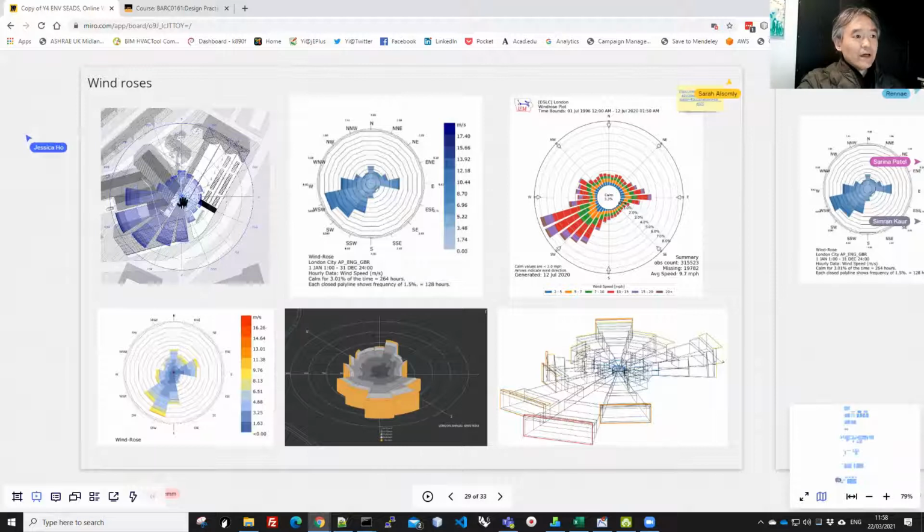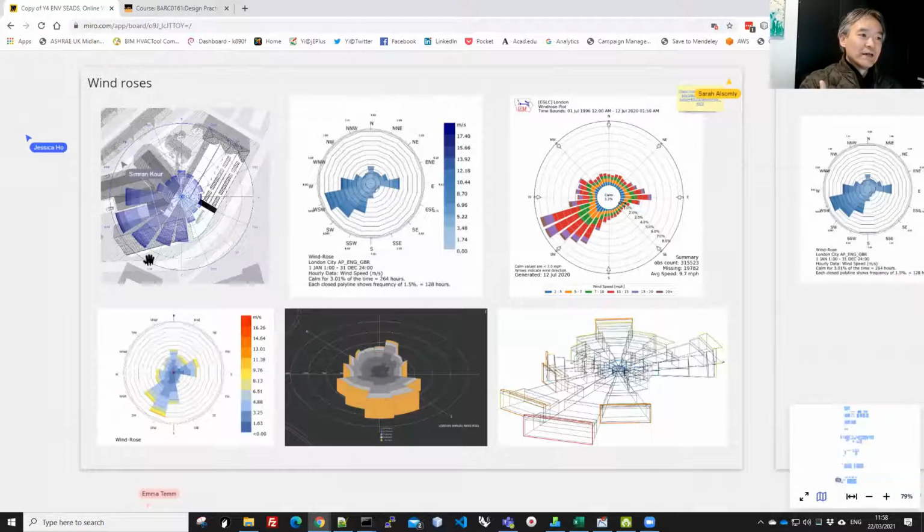And it's a lovely design. And one thing he did particularly well is overlaying the wind rose on top of the building. This makes it very easy to see in relation to the building itself where the wind comes from, rather than just north and south.